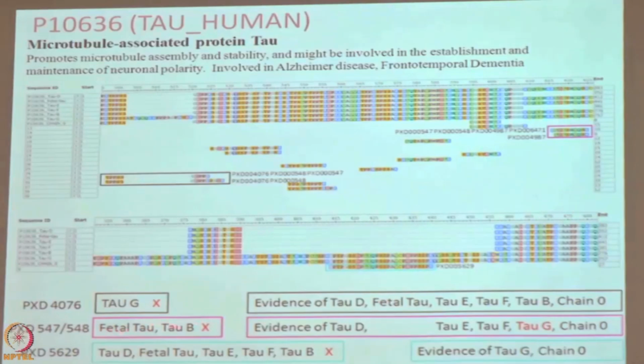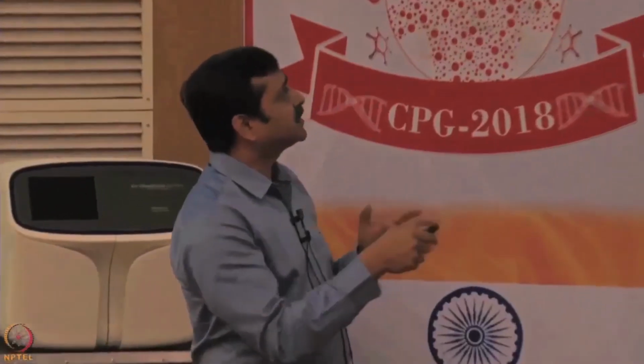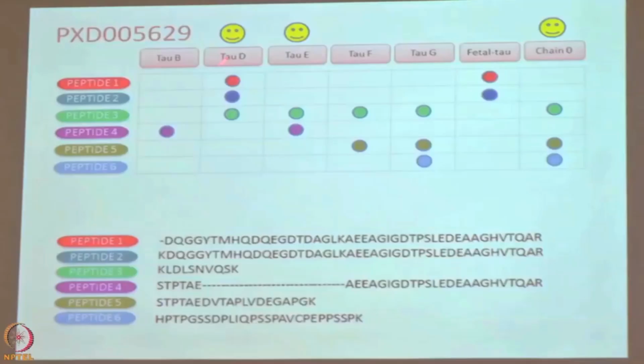For the green peptide, there is evidence for this, but not this. Through a series of statements like this, and also from others, because this could not be shown in one single slide, I broke them into another slide.